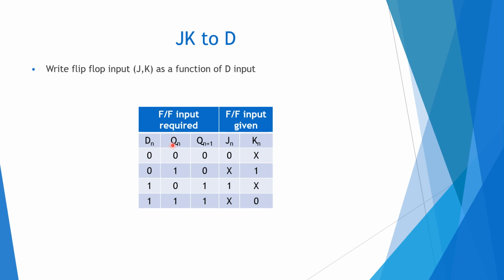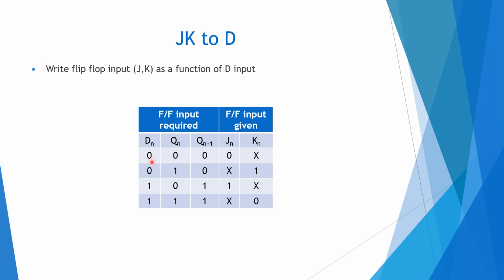So Dn, Qn. When D is equal to 0 and Qn equal to 0, the output will be 0 for the D flip-flop. Again here, when Dn equals 0 and Qn equals 1, Qn+1 will be equal to 0.